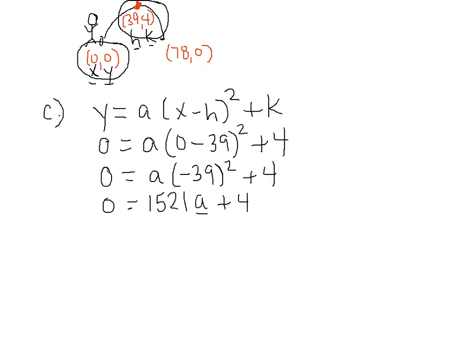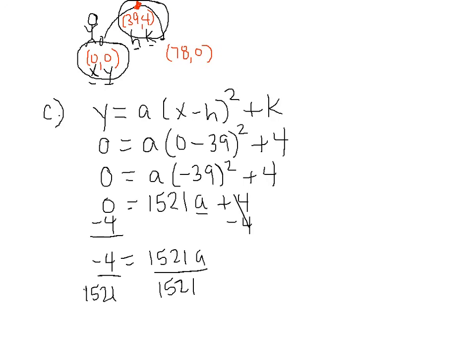We want to solve for a, so that means I need to subtract 4 from both sides. This cancels. We get negative 4 here, and that equals 1521a. Divide both sides by 1521, and now you have what?